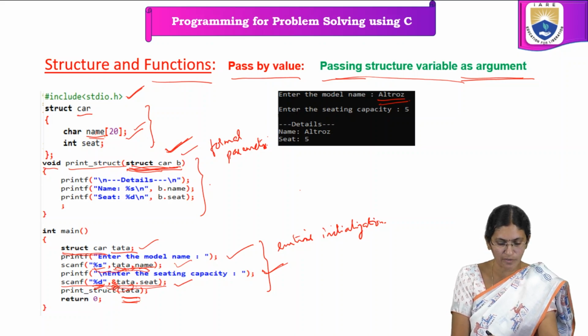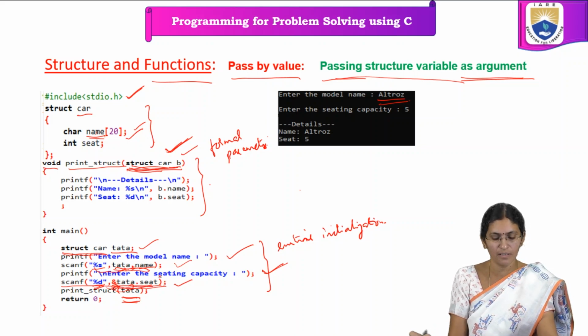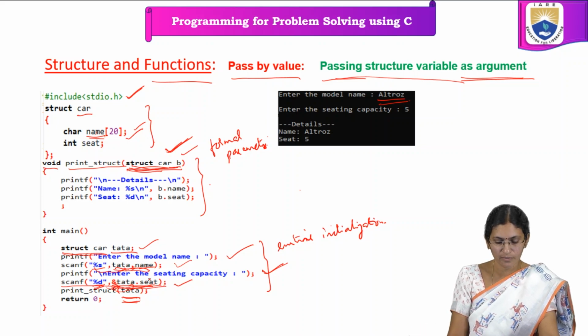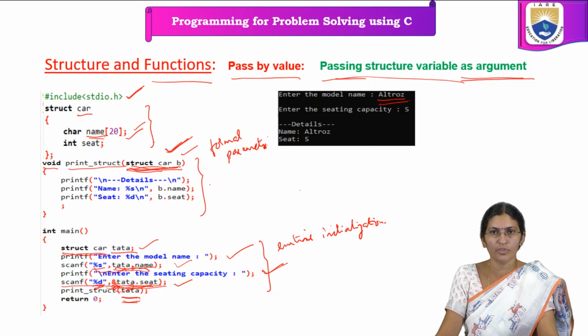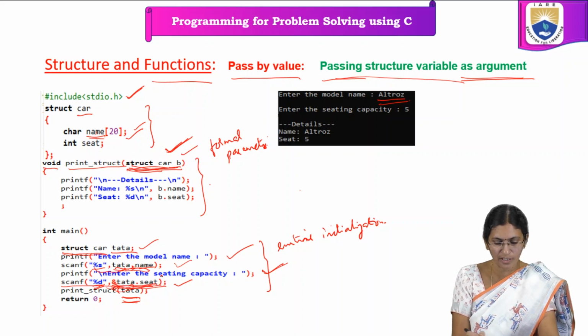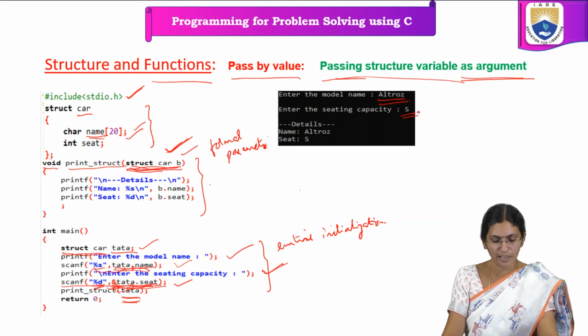At the particular address specified by this variable, the value given by the user is stored. Suppose the user is entering 5 here.